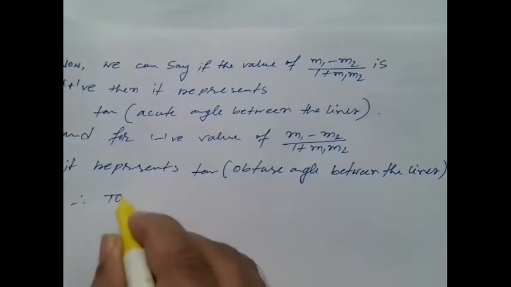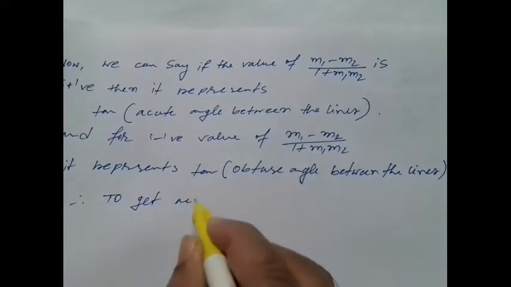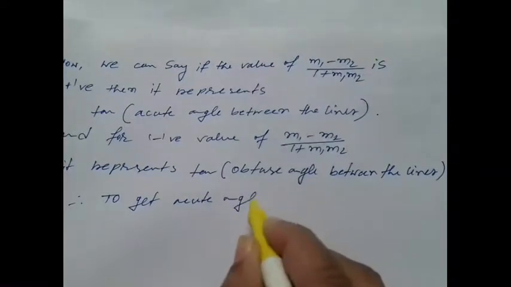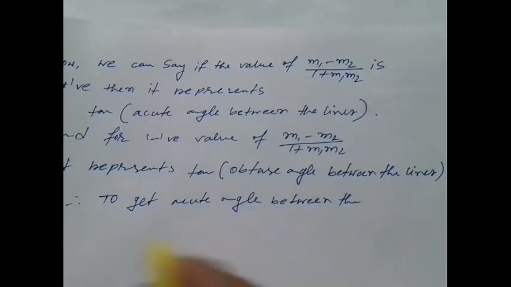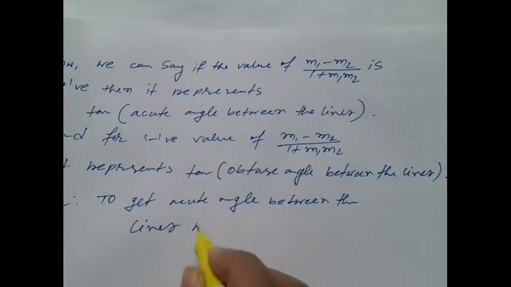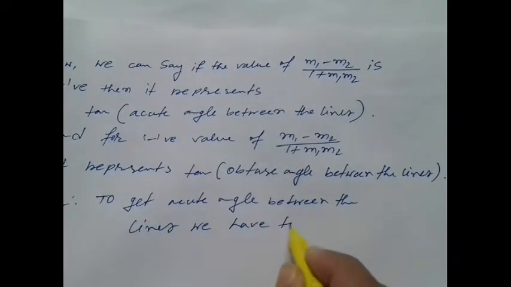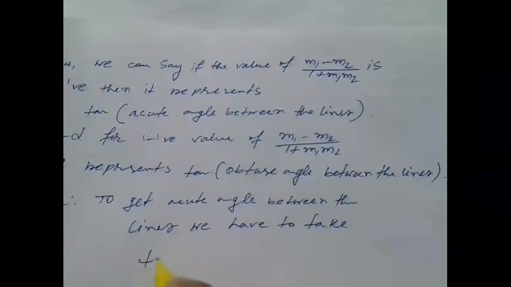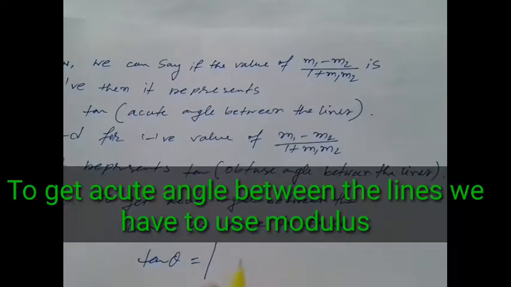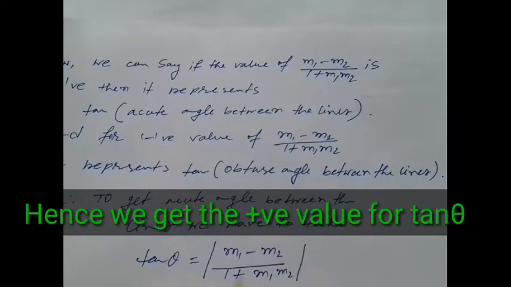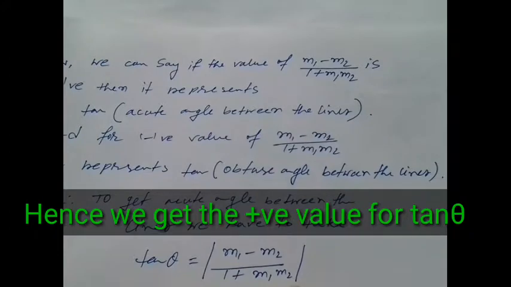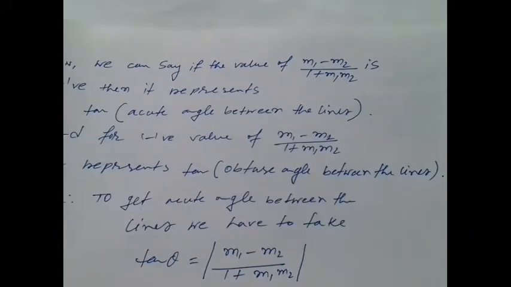Therefore, to get the acute angle between the lines, we have to take the mod, then we always get a positive value, that is tan theta equals mod of m1 minus m2 by 1 plus m1 m2.